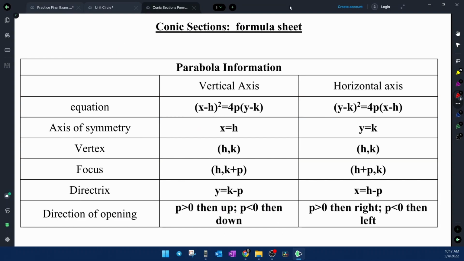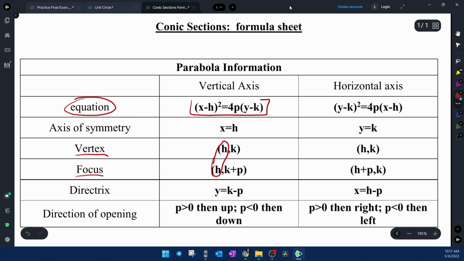So at our information sheet, the equation that we're going to use is determined by which column has the vertex and focus with the same x coordinate. And notice that that is going to be column 1, where our x coordinates are simply h, indicating that they have to be the same, which means this is the equation we need to use.